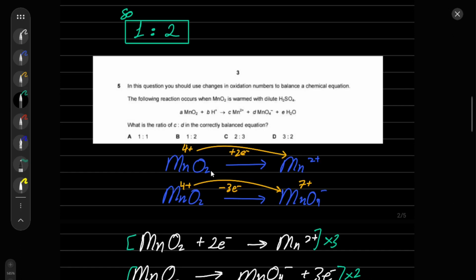But this is an interesting equation because this is an equation that is known as disproportionation. A disproportionation reaction is a reaction in which a singular substance is both oxidized and reduced.